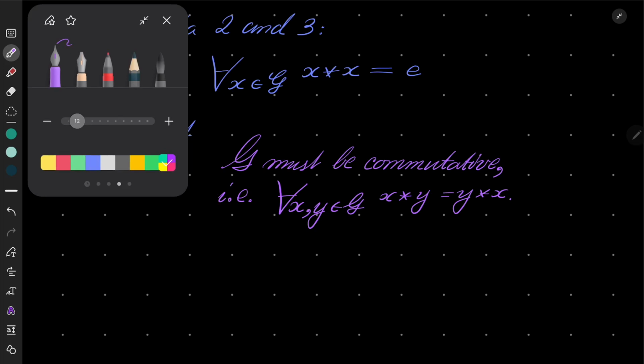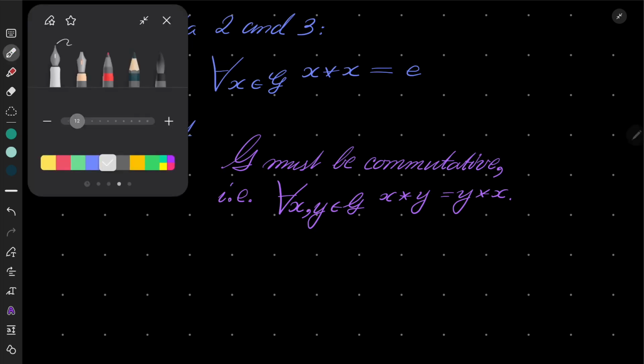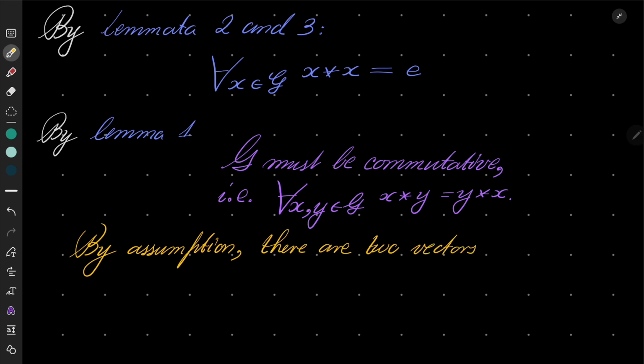And now we will have a contradiction, because by assumption, maybe I will write it in orange, by assumption, we have assumed that there are two vectors A, B in our group such that A cross B is non-zero.